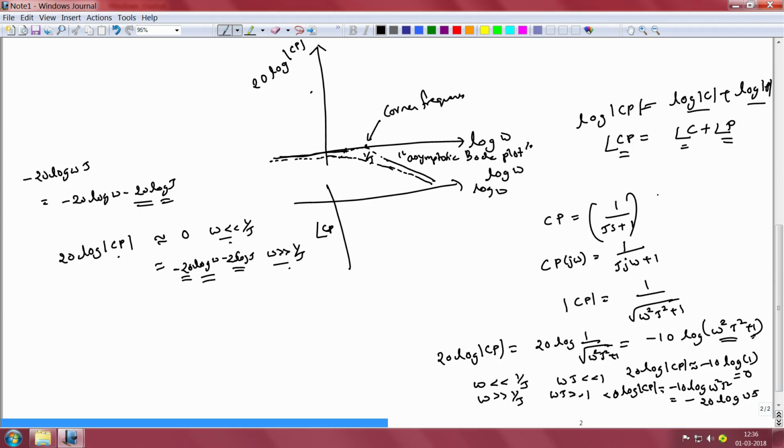There is one final reason why we choose the axes to be log of magnitude of C P versus log of omega, and angle of C P versus log of omega. This is not evident at the moment from the numerical examples that we could consider, but we will revisit this point towards the end of this course, where we will show that the slope of the magnitude characteristic in a Bode plot is approximately proportional to the phase lag of the same characteristic.